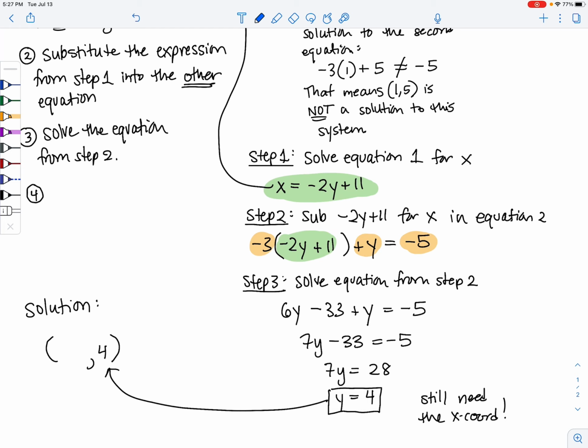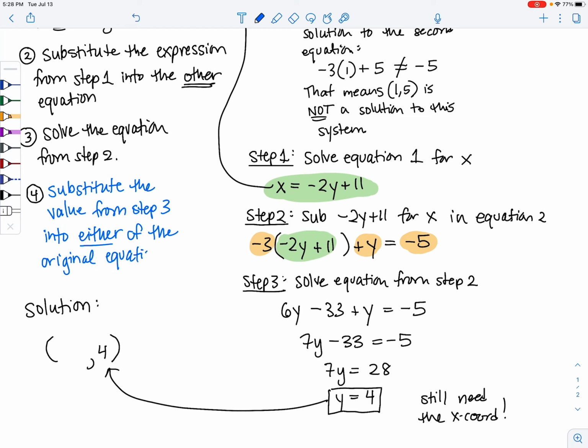So you can, step 4, substitute the value from step 3 into either of the original equations or your equation from step 1, and then solve to get the second coordinate.